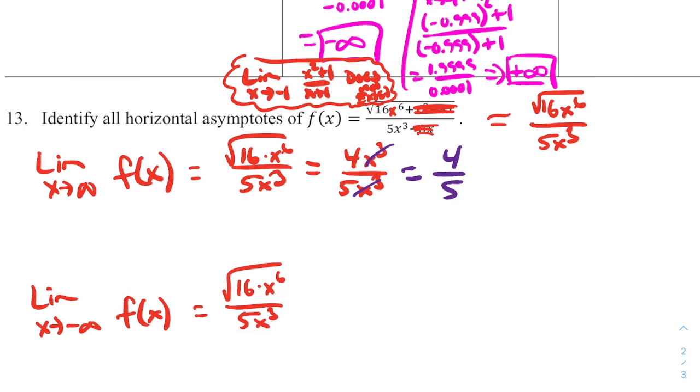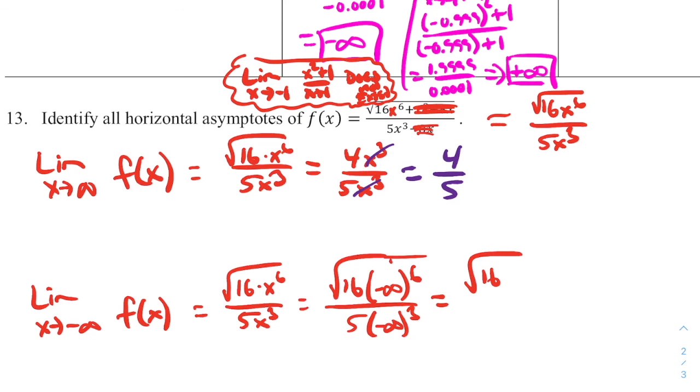So this is almost like the square root of 16 times negative infinity to the 6th divided by 5 times negative infinity to the third. Obviously, we can't actually cube or raise infinity to the 6th, but I'm thinking about this as an exercise.